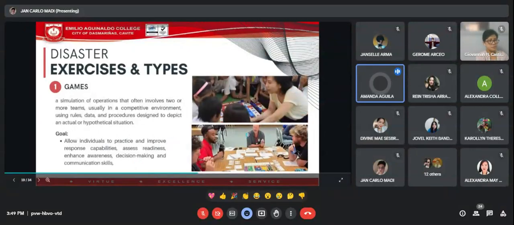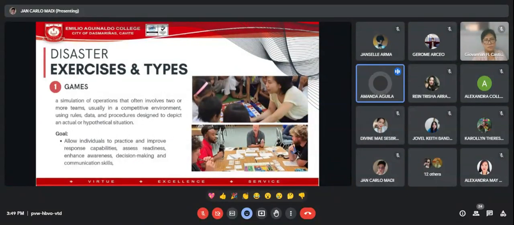So, sa game, so basically, game is another form of or type of disaster exercise that are interactive, that simulate realistic scenarios of disaster and crisis and challenge the participants to respond effectively and collaboratively.